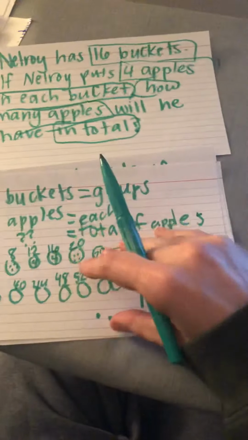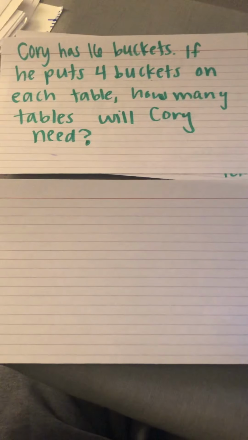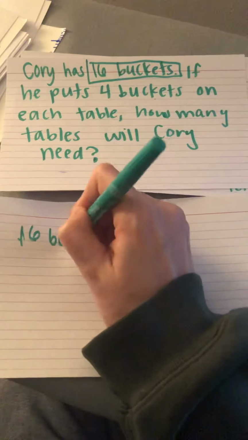Okay, let's check out Corey's situation and see how it is different. Corey has 16 buckets. Oh, same as Nelroy. If he puts 4 buckets on each table, how many tables will Corey need? Okay, this is not about apples, but he does have 16 buckets. We can visualize those 16 buckets and think about what they represent.